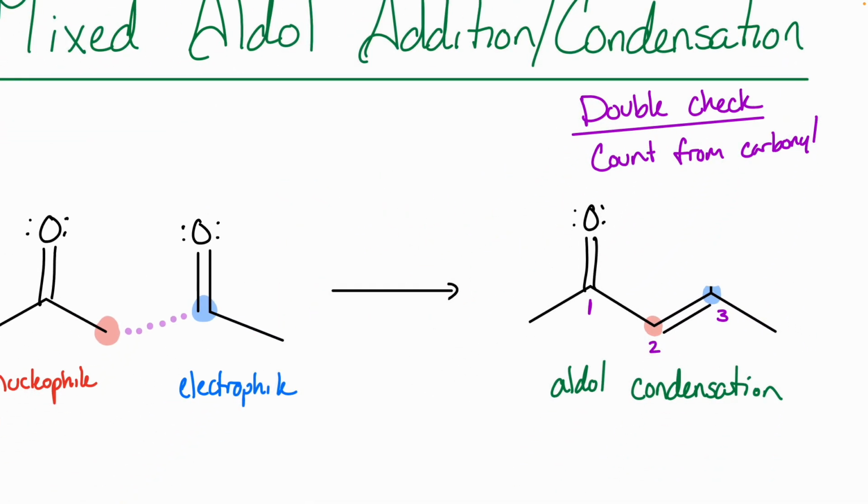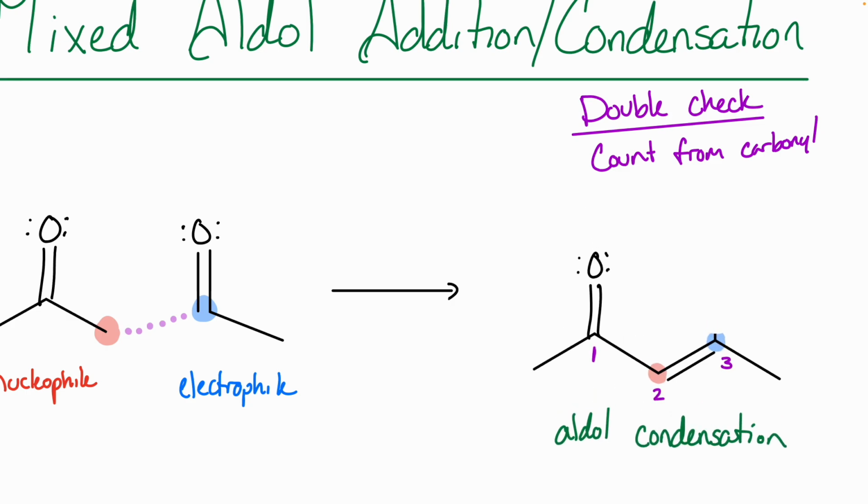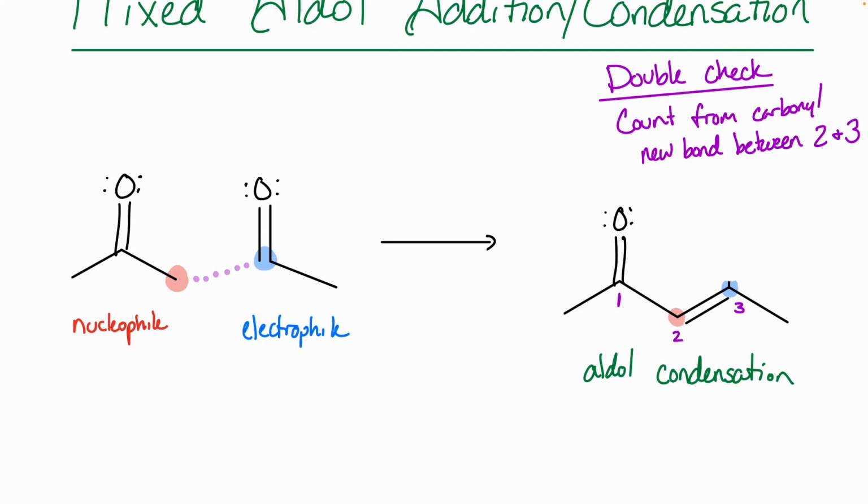If we count from our carbonyl carbon, we should find that new bond between carbons 2 and 3. All right, that's also where your new pi bond will be when you do your dehydration, when you do your condensation product. So just kind of an easy double check. You should always have this 3 carbon spacing here where that new bond is between carbons 2 and 3.